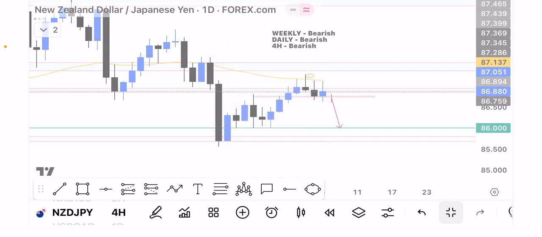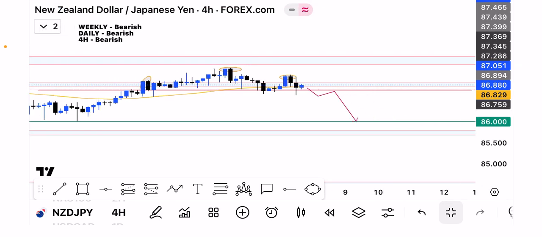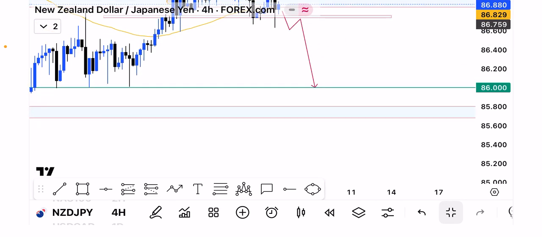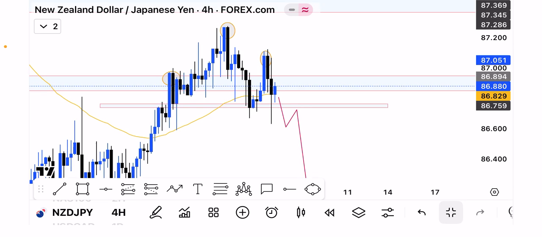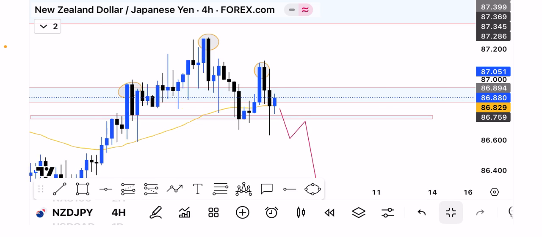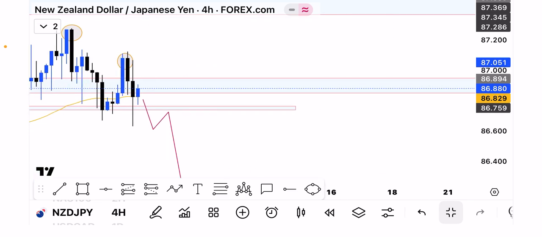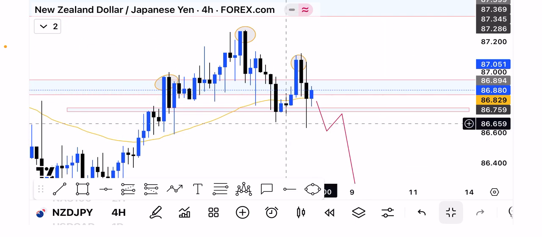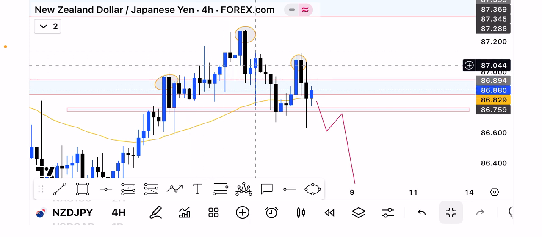Okay, moving on to the 4 hour. The 4 hour now is potential creating. The 4 hour also is bearish, as you can see. It is potential creating head and shoulder pattern.